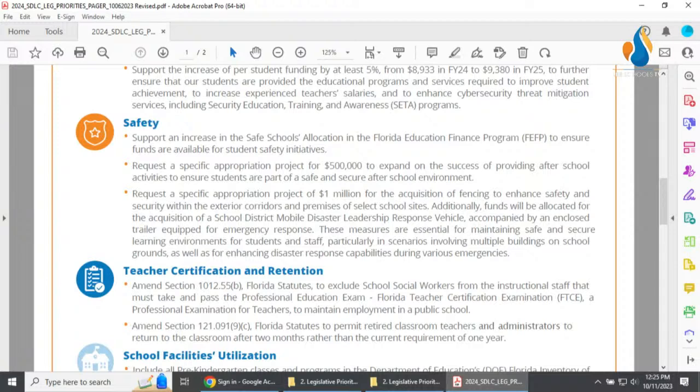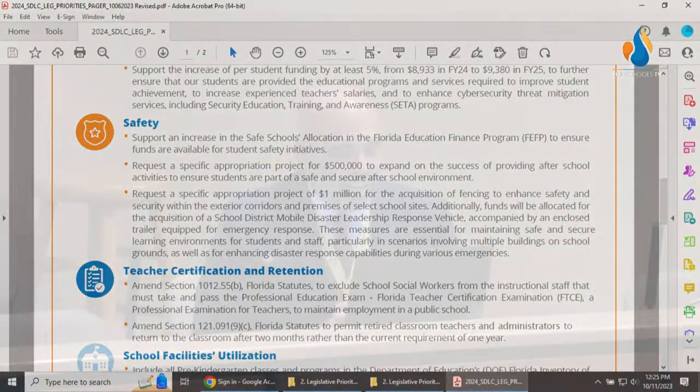And something that will be new to us, but it's not new to other districts, is a mobile response unit. I laugh because it's such a long name, that we are calling the School District Mobile Disaster Leadership Response Vehicle. Okay, I'm sure we'll put an acronym together for you guys. It's a mobile disaster vehicle because it's not just for safety, it's also for any natural disaster, anything that may be needed.